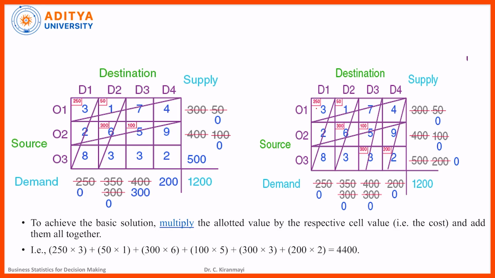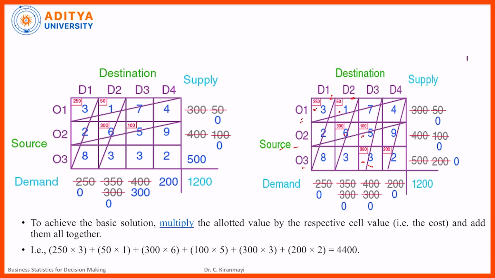So, how can the firm minimize its transportation cost? If the firm supplies 250 units from origin 1 to D1 and 50 units from origin 1 to D2, 300 units from origin 2 to D2, 100 units from origin 2 to D3, 300 units from origin 3 to D3, 200 units from origin 3 to destination 4.